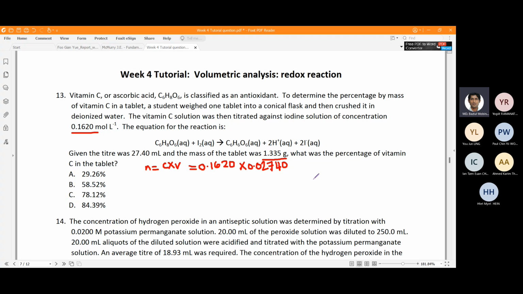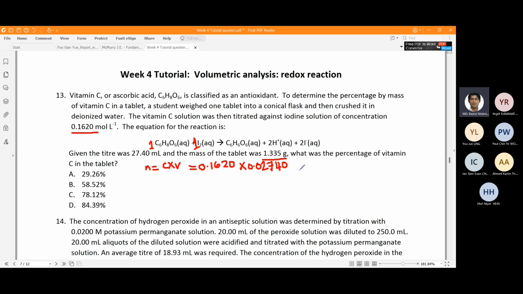From here, we see that it is the exact same number of moles of vitamin C because it is a 1:1 reaction. So the exact same number of moles will be there.